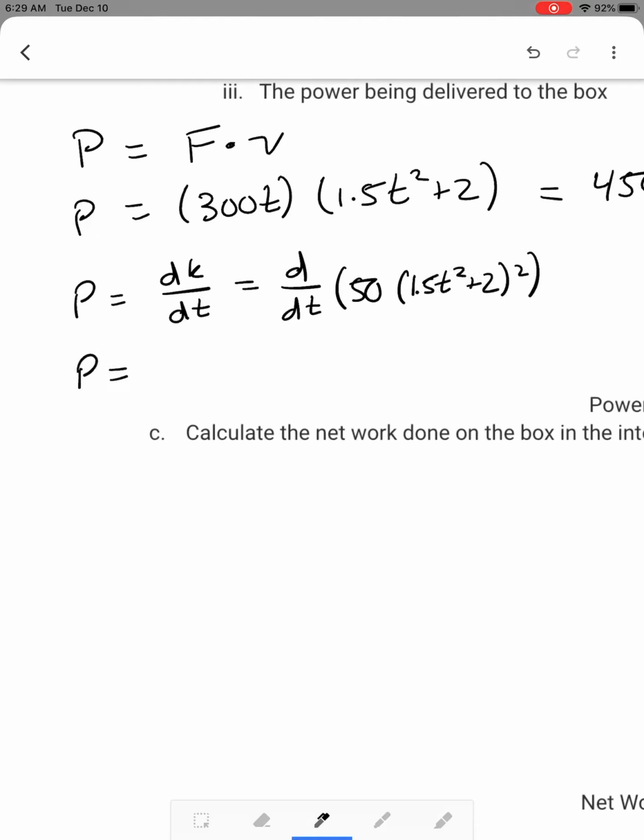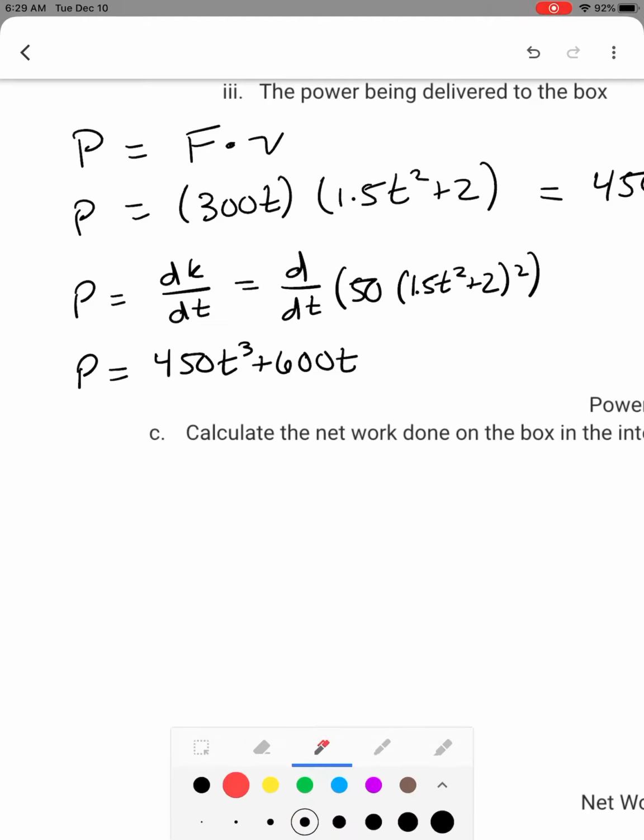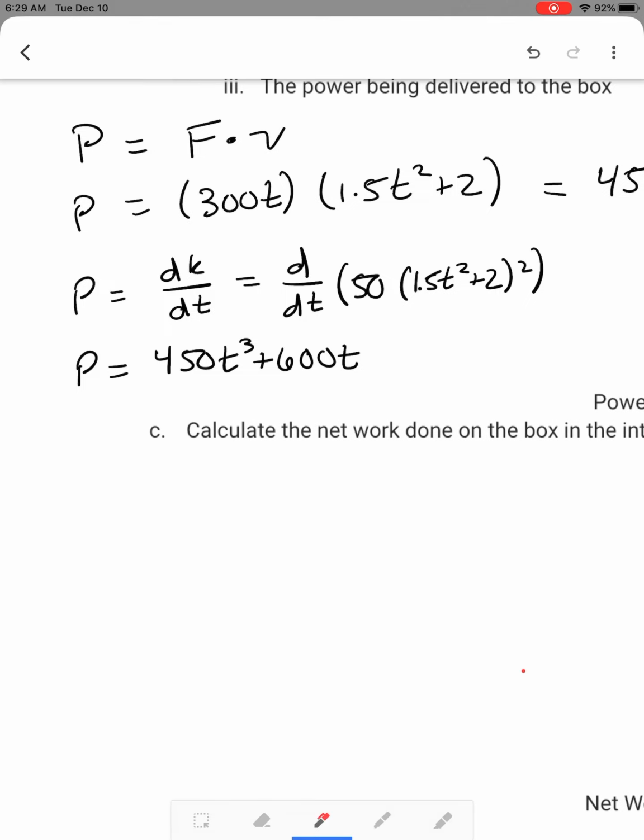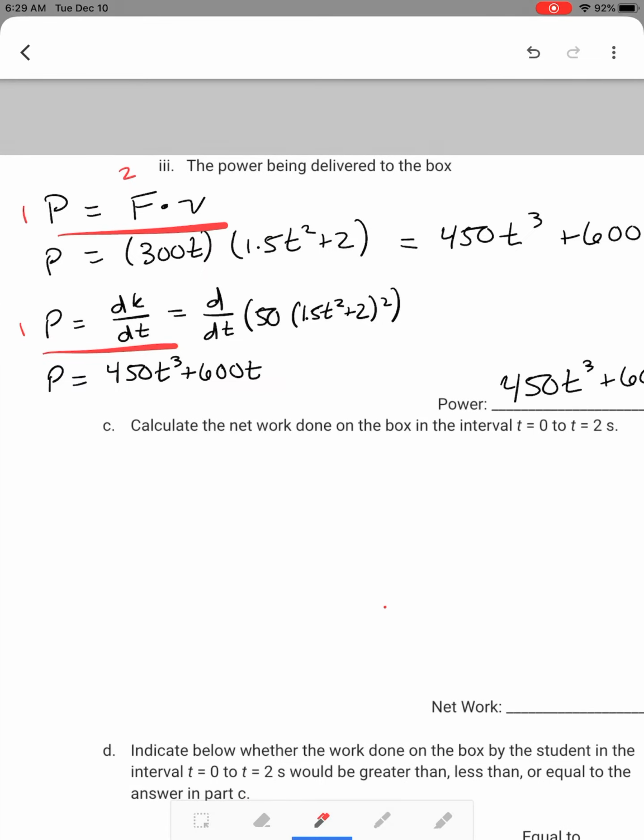And when I take the derivative of that, again, I get 450 t cubed plus 600t. All right. Now, I haven't really talked about points at all yet, but this was a total of 2 points. 1 point came from just writing the function that you were going to use. So either one of these would have gotten 1 point, and then you got 1 point for the correct answer. All right. Remember, it's very important that you write those equations down as you go.